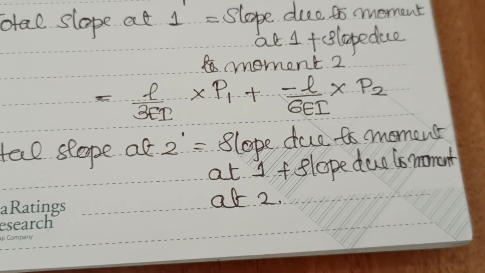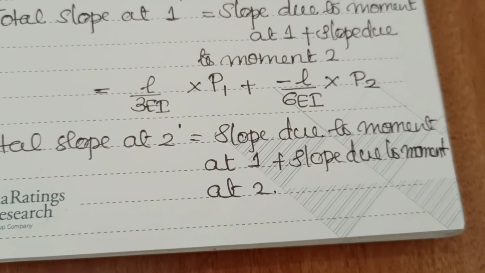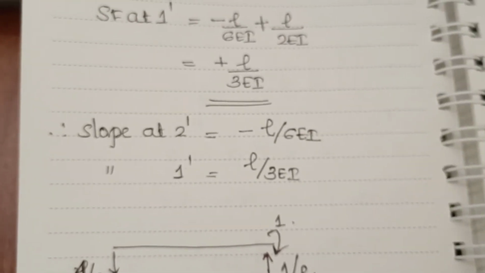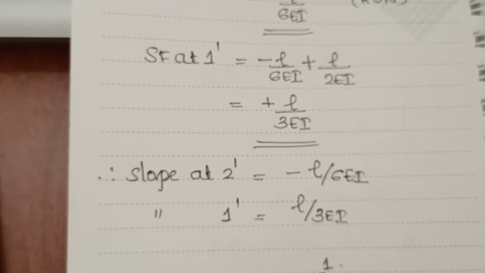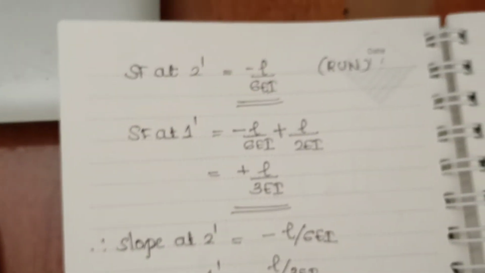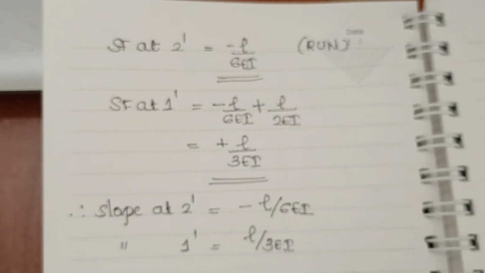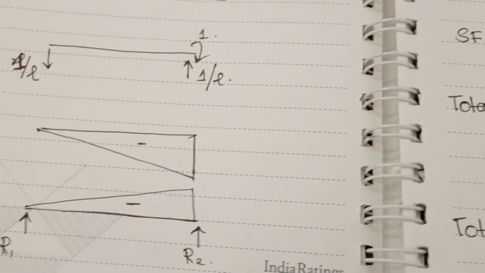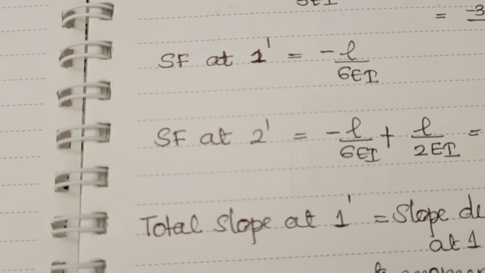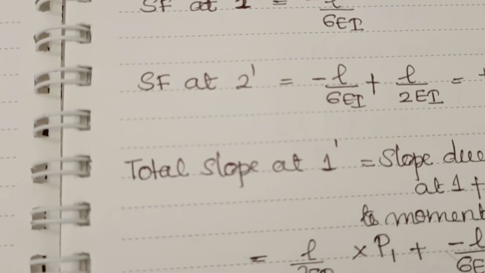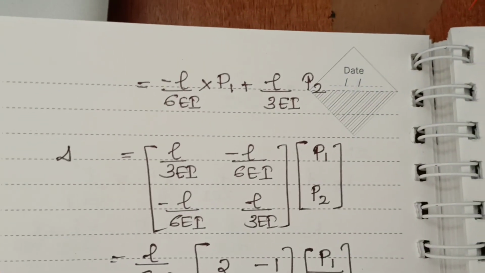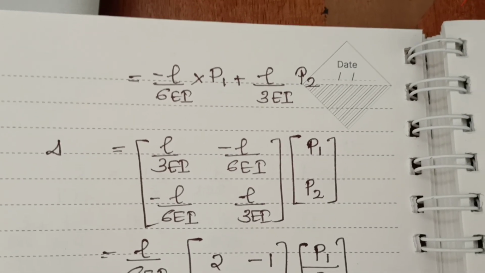Slope due to moment at 1 plus slope due to moment at 2. Slope due to moment at 1 is minus of L by 6EI, to find out the slope at 2 dash. Then slope due to moment at 2 is plus L by 3EI. Hence, minus of L by 6EI into P1 plus L by 3EI into P2.